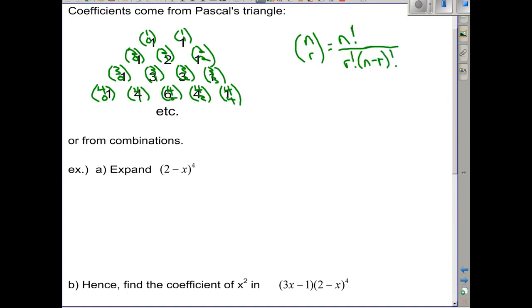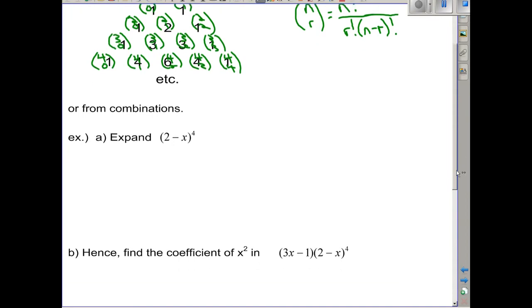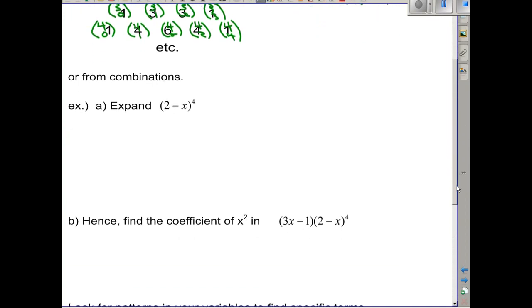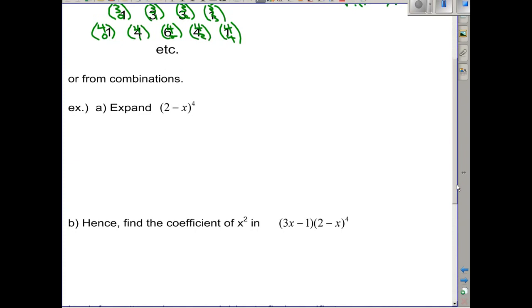All right, so if we want to expand (2 minus x) to the 4th, here's how I do it if I were going to actually write down the combinations that are going to be used. It's to the power of 4, so I'm going to need 4C0 as my first coefficient. I'm going to take the first term in the binomial and raise it to that highest power of 4.